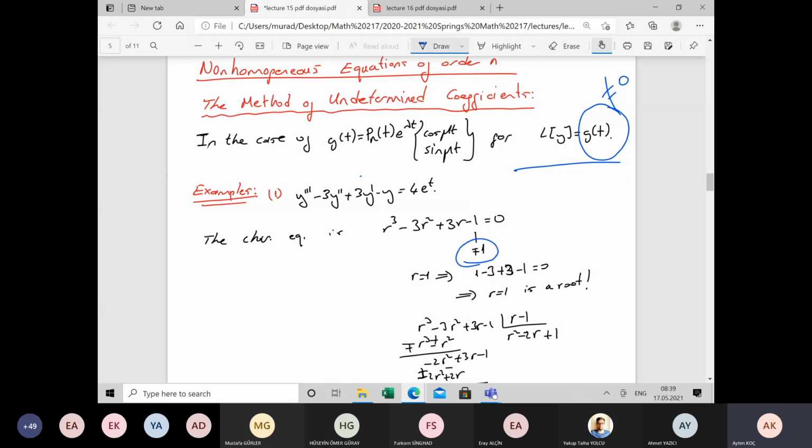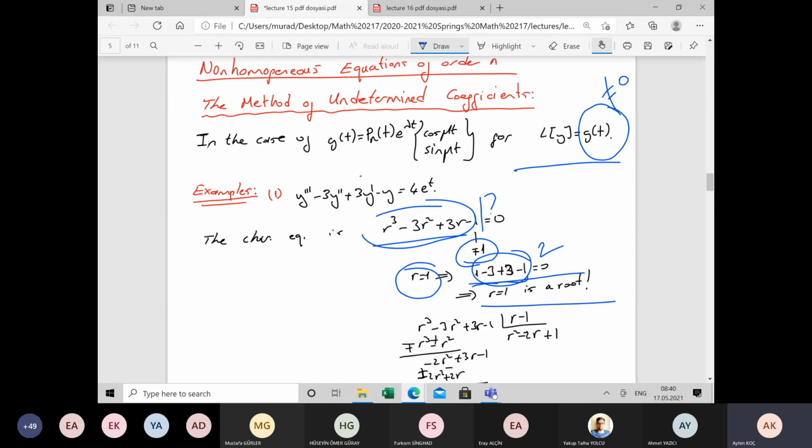If for these values the polynomial is 0, then this value is a root of our characteristic equation. For example, take r equals 1 and substitute here, and we obtain 0 equals 0. So it means r equals 1 is a root.